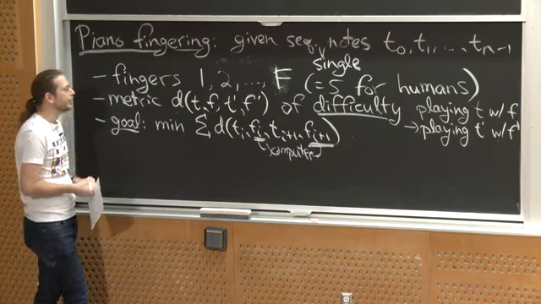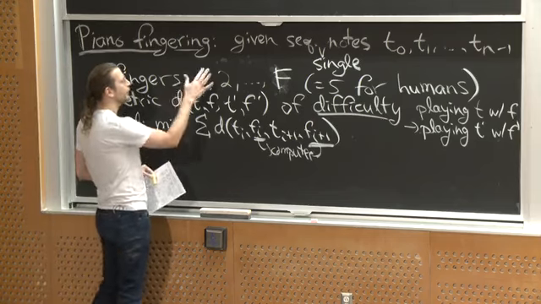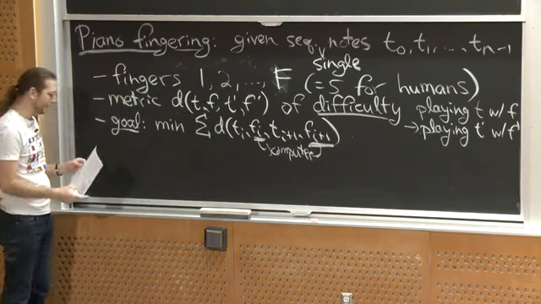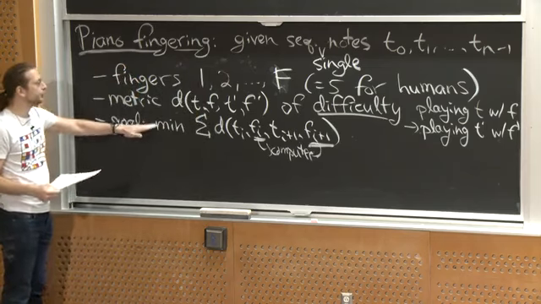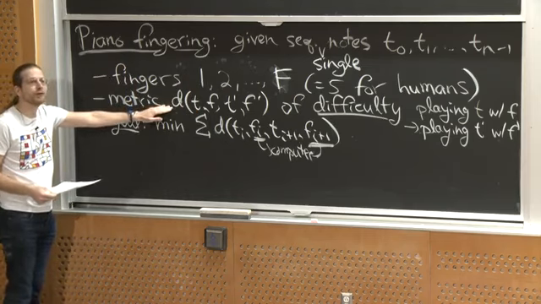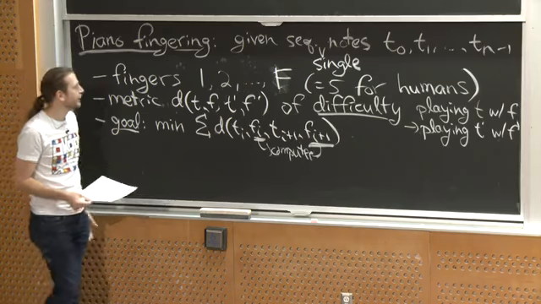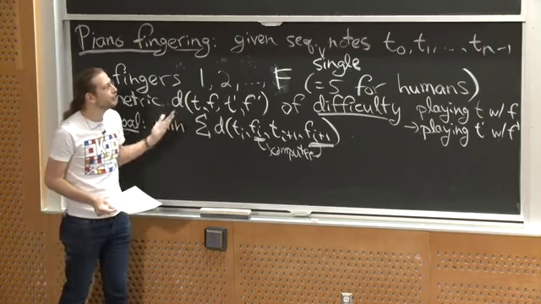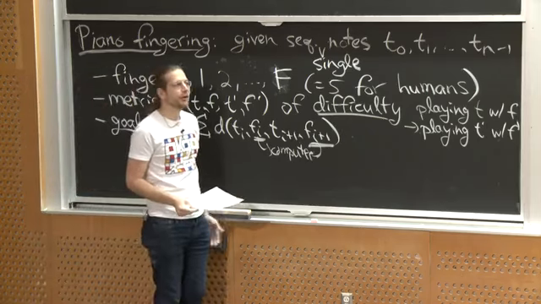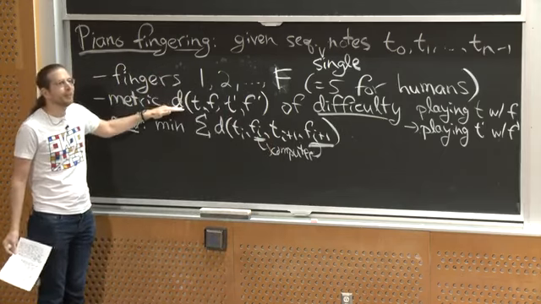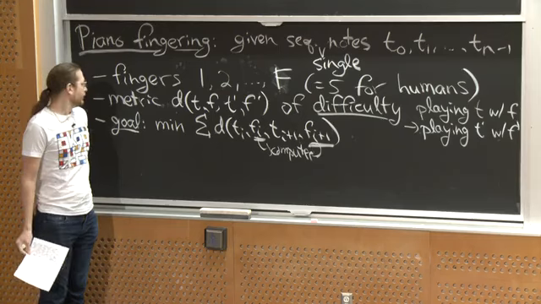If I'm going from a very low note to a very high note, I'd like to use more extreme fingers. Okay, but we're just going to assume this d function is given to us. It's some polynomial size. If you imagine the notes on your keyboard are m notes, then it's some polynomial in m size to this function.